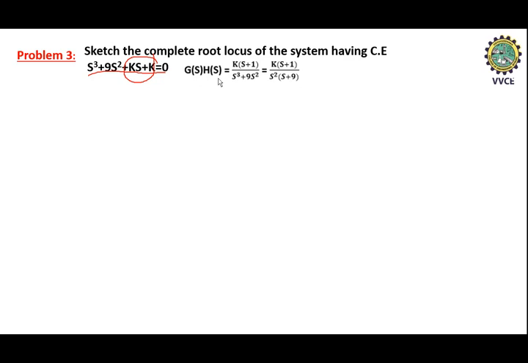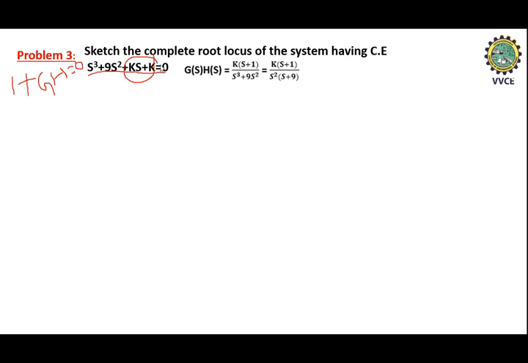Now, what do you mean by characteristic equation? It is 1 plus G(s)H(s) equal to 0. So the characteristic equation is s cube plus 9s square plus ks plus k equal to 0.